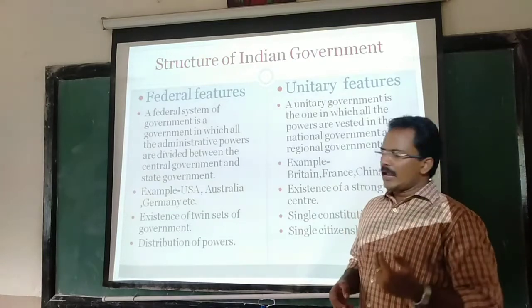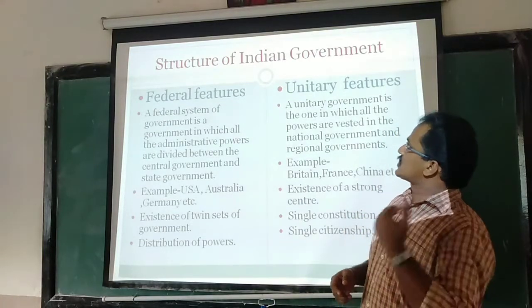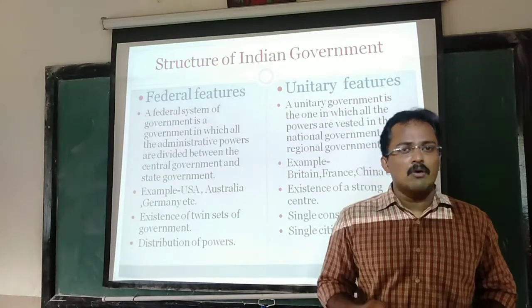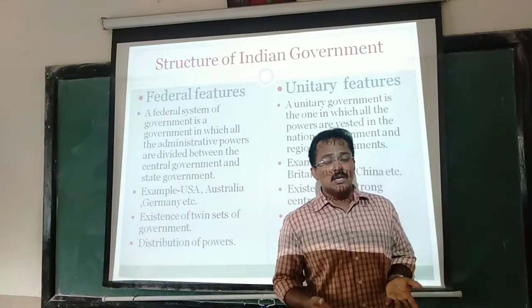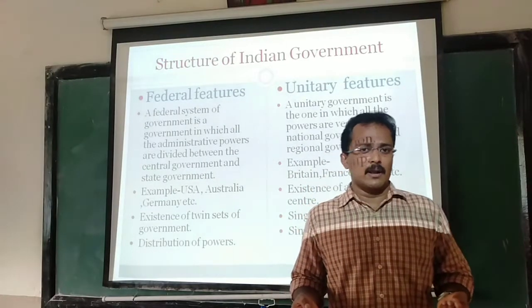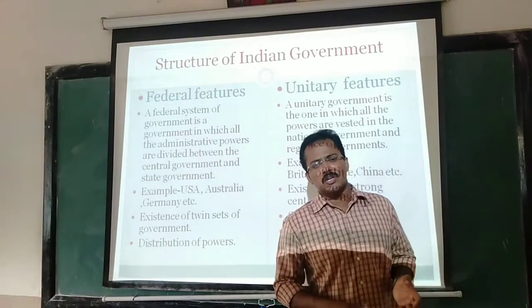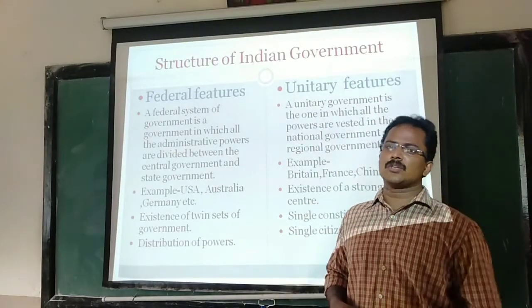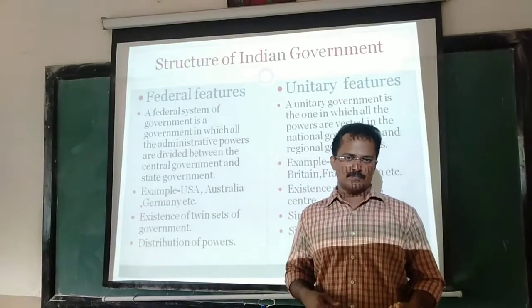If we analyze the structure of the Indian government, we can say that the Indian government is quasi-federal in nature. Quasi-federal means it is a combination of the federal form of government and the unitary form of government.